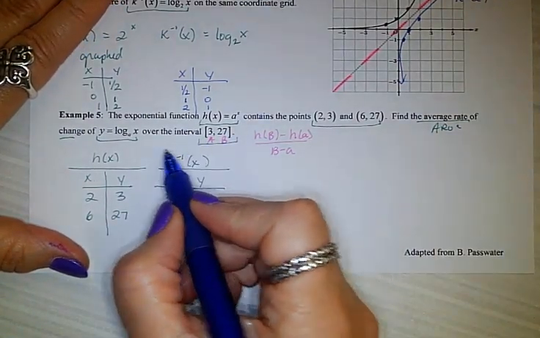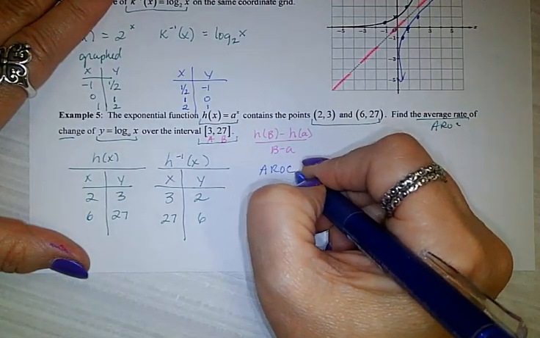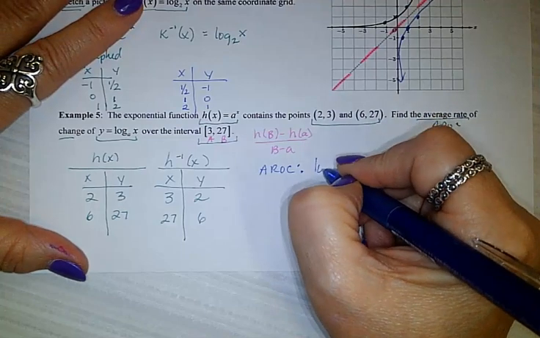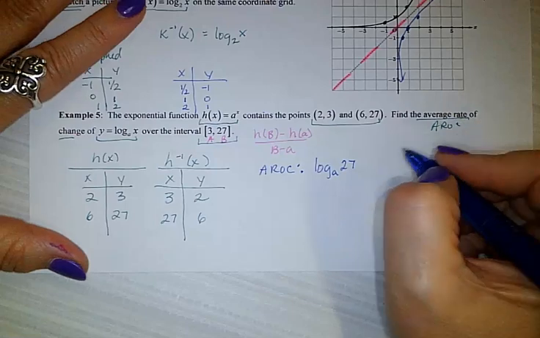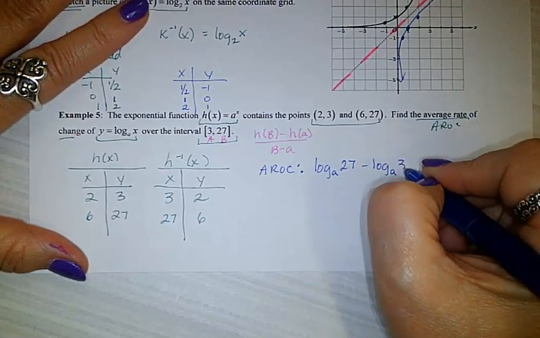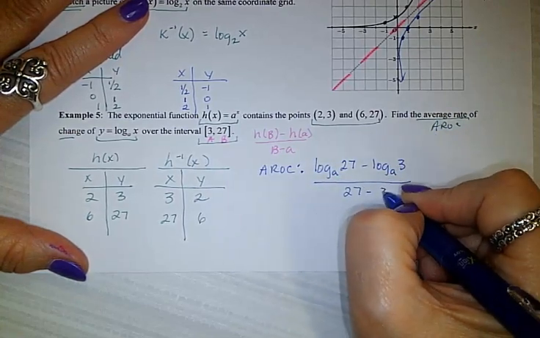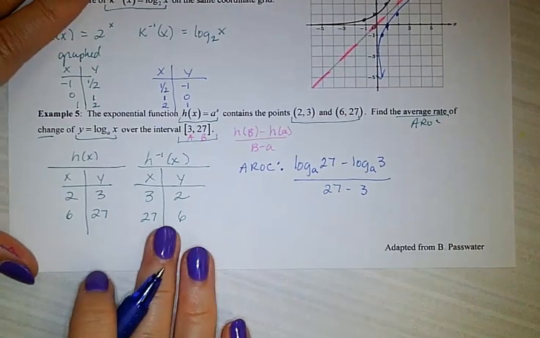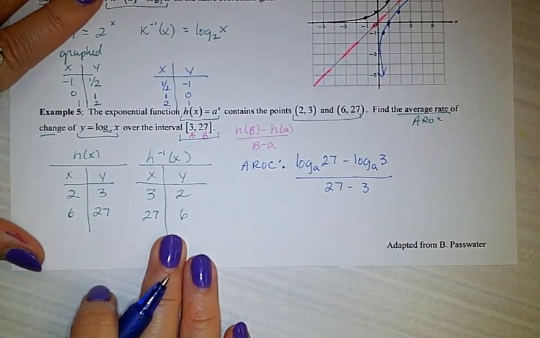So remember that here is my log equation. So when I calculate my AROC, then I'm going to say log base 3 of 27 minus log base 3 of 3 all over 27 minus 3. So then I should be able to use what I know about the points here to actually come up with those values.